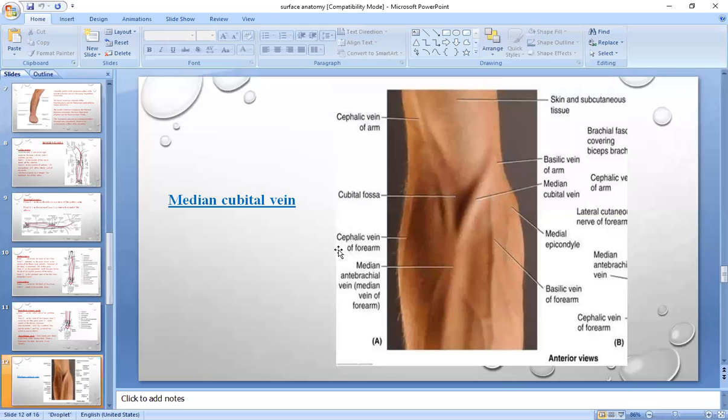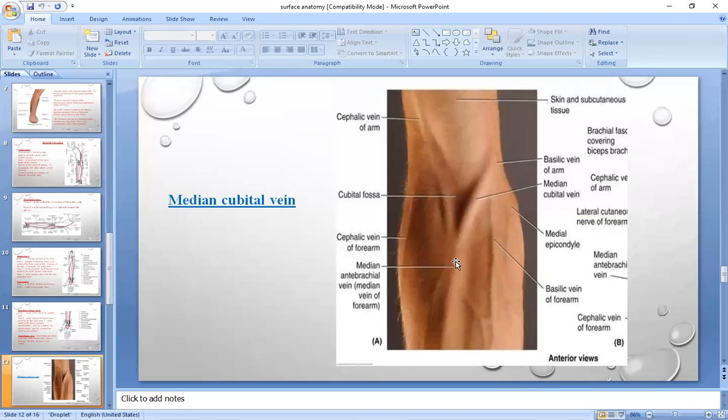Now, some superficial veins. I want to explain the median cubital vein. As you know, the median cubital vein is very important. For blood transfusion or intravenous injections, you have to make out this median cubital vein. So on the surface itself, how to make it out? You have to know the direction of the median cubital vein.